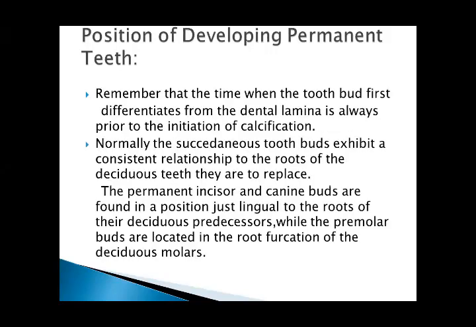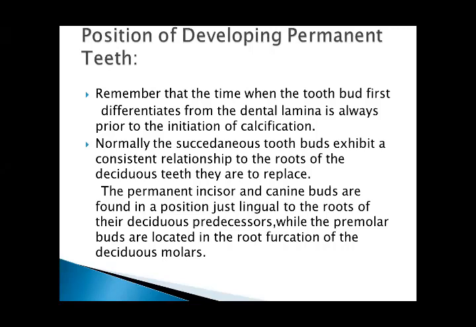Remember that the time when the tooth bud first differentiates from the dental lamina is always prior to the initiation of calcification. Normally, the succedaneous tooth buds exhibit a constant relationship to the roots of the deciduous teeth they are to replace.